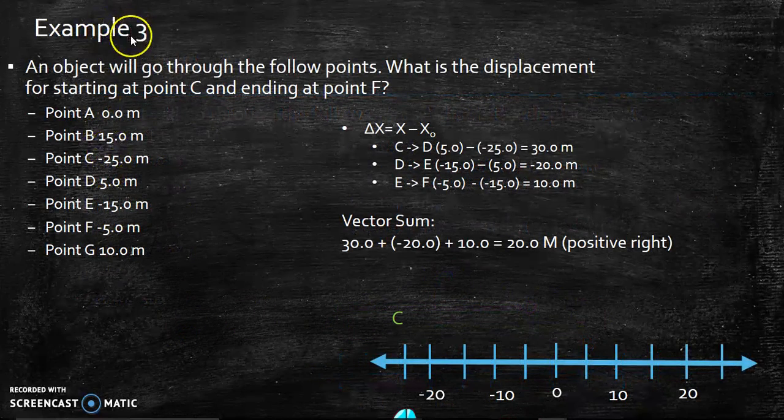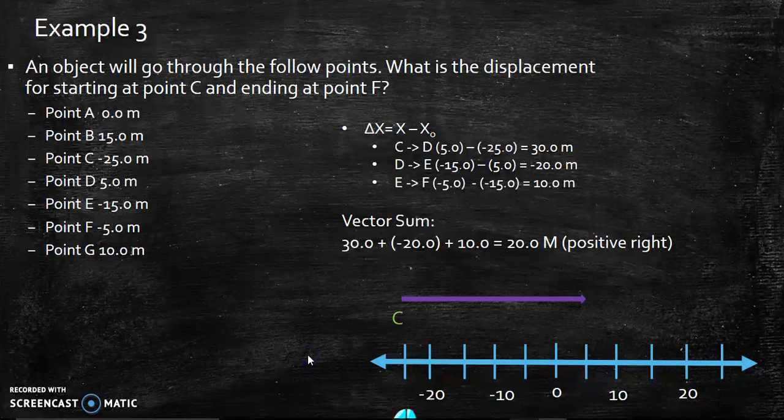The last example is going to be from point C to F. So again, let's visualize it on the number line. So you're going to have C going to D, D going to E, and E going to F. So there's the car simulation. So again, from the formula, change of x equals the final position minus the initial position.